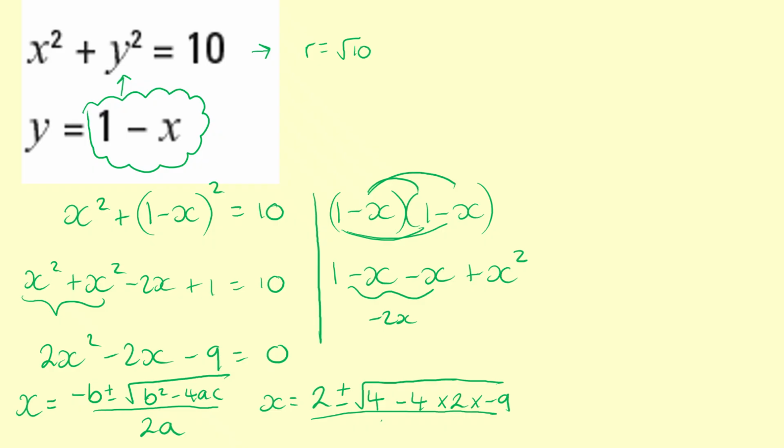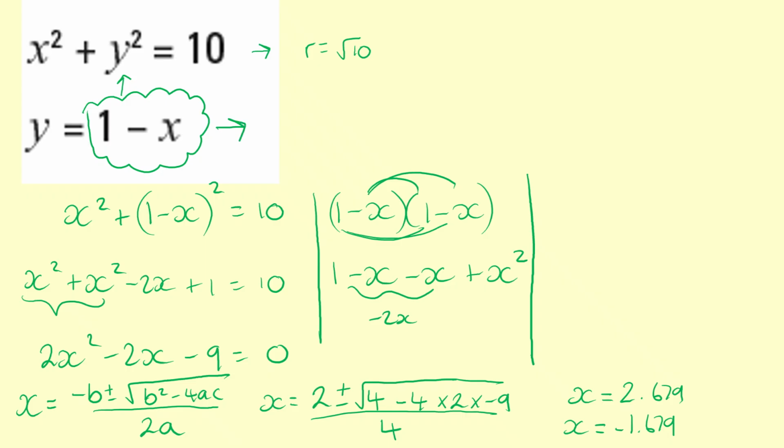Now I'm using my fraction key on my calculator, and I'm just going to put that all through and get my two values of x. So our first value of x is 2.679, and my second value of x is negative 1.679.